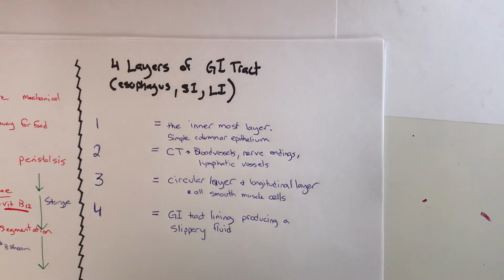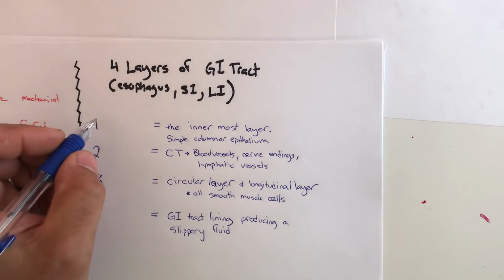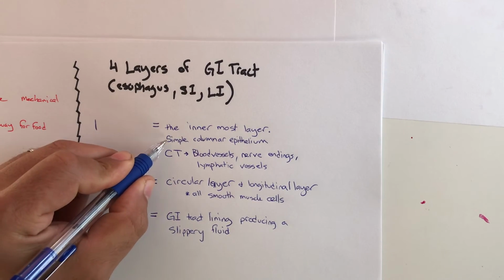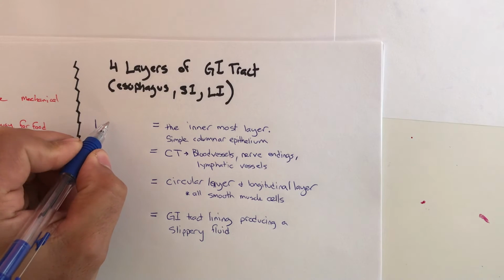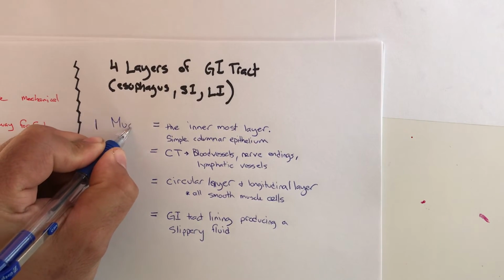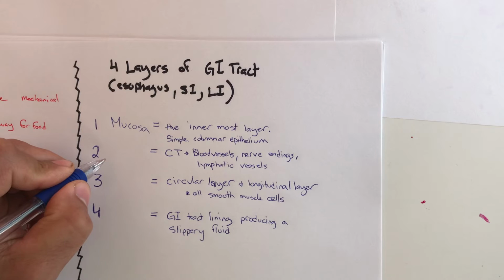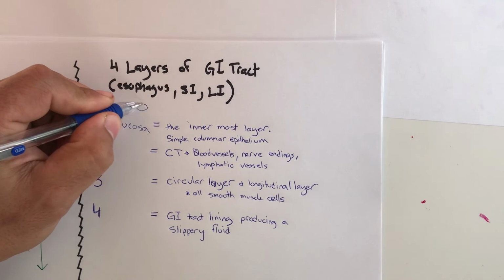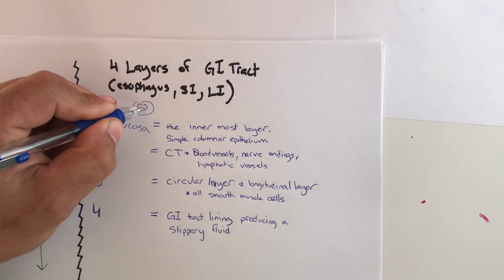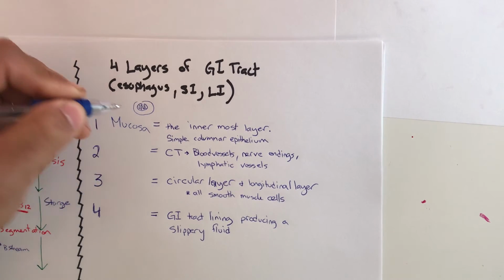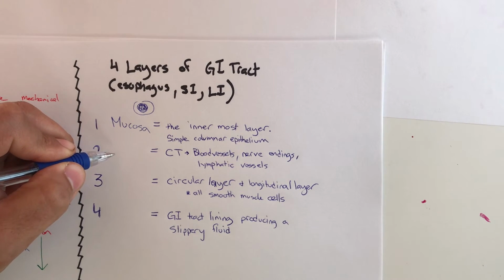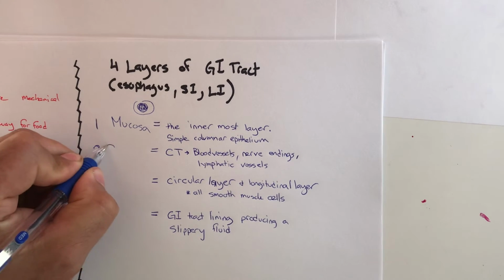We don't have to go crazy, but the first layer, the innermost layer, where we have that simple columnar that we're talking about, or stratified in the esophagus, is the mucosa. This is the layer right next to the lumen. You know, this is where the food goes, in the lumen. We're talking the very, very innermost layer, the mucosa.